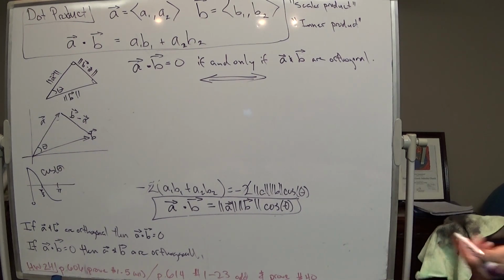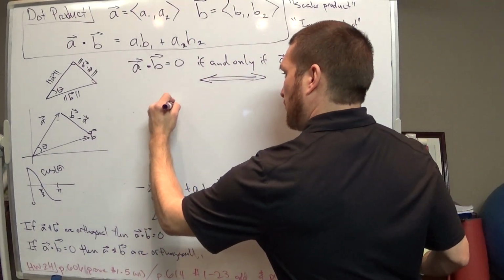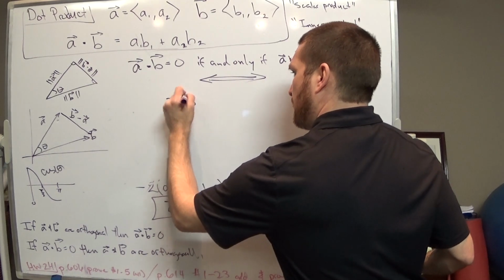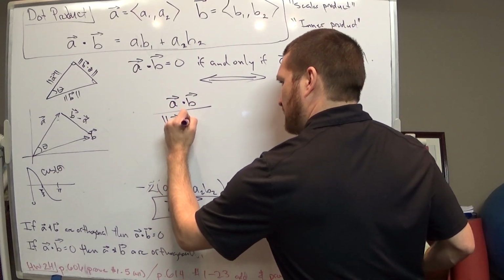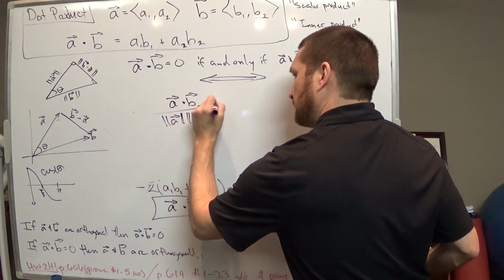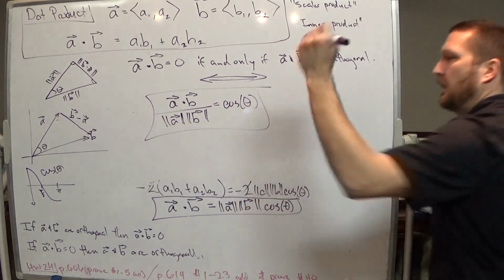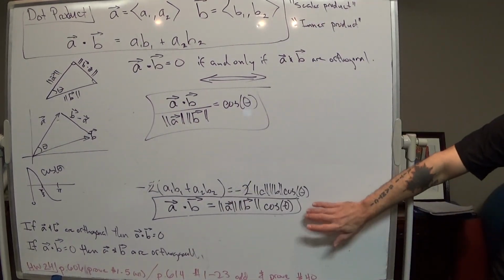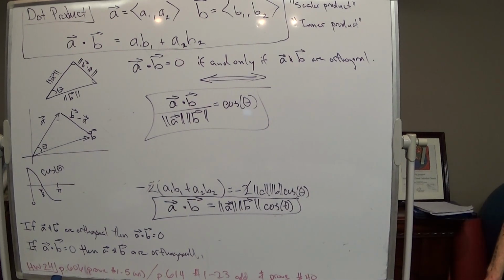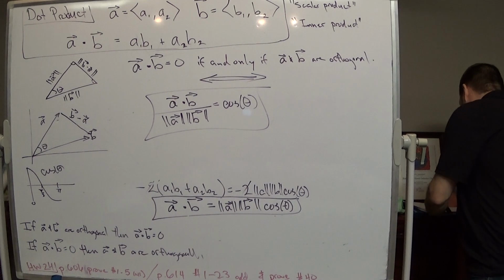Yes, because that gives us a new formula: A dot B divided by the magnitude of A times the magnitude of B is equal to cosine theta. Then you can take the arc cosine. If you commit this one to memory, then you're good, because that's not hard. You just divide and you're good to go.